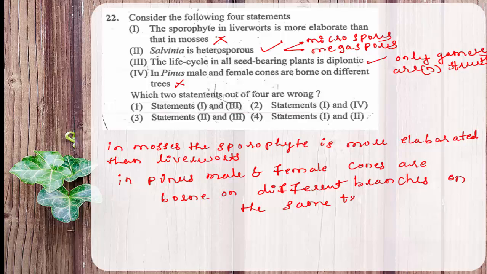The single tree produces both the cones but on separate branches. So which one becomes the right answer? In the question it is asked to identify which two statements out of the 4 are wrong. First statement is wrong, fourth statement is wrong. So the right answer for this question is option 2.